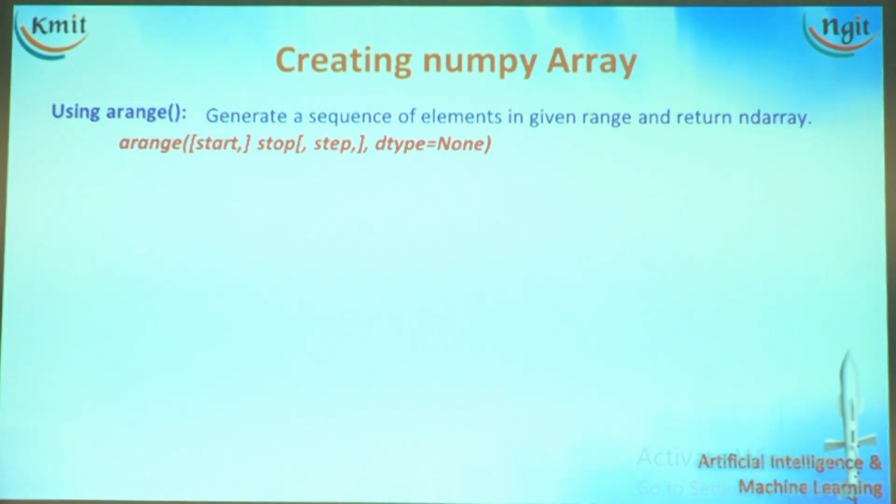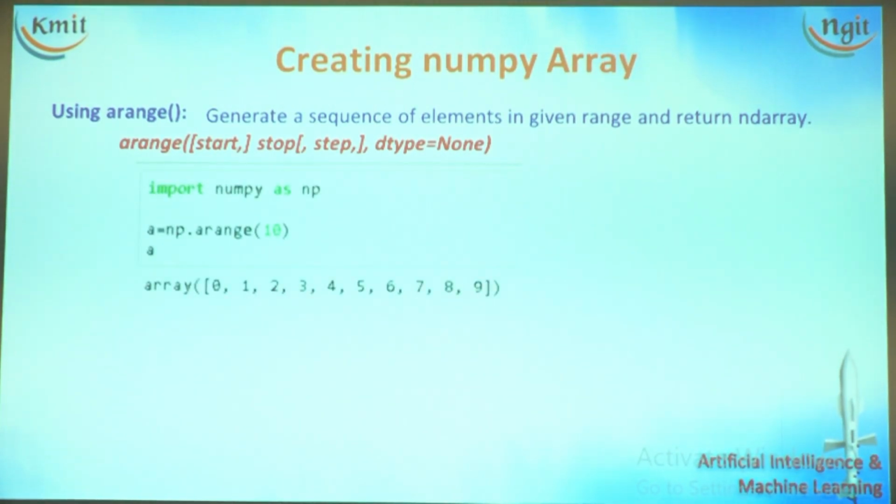Like I can give a range from 1 to 100. If I want all 100 of them, I am not going to provide any step size, right? If I need it as say 1, 3, 5, then I am going to give it a step size of 2. So like that I can give the step size if I want differences in my data.